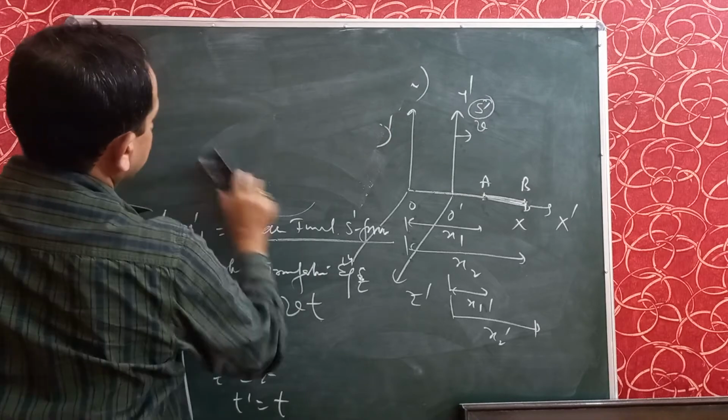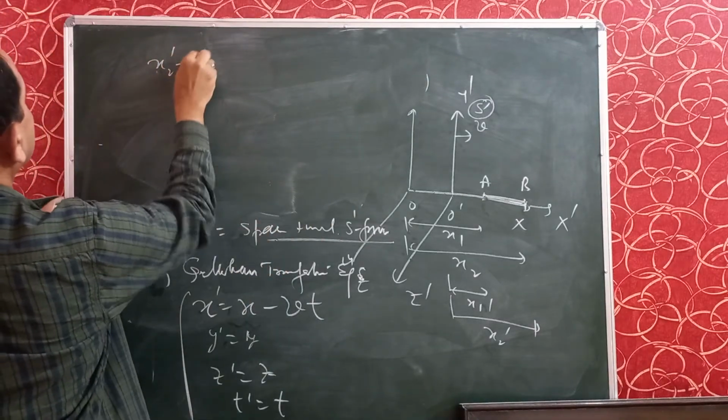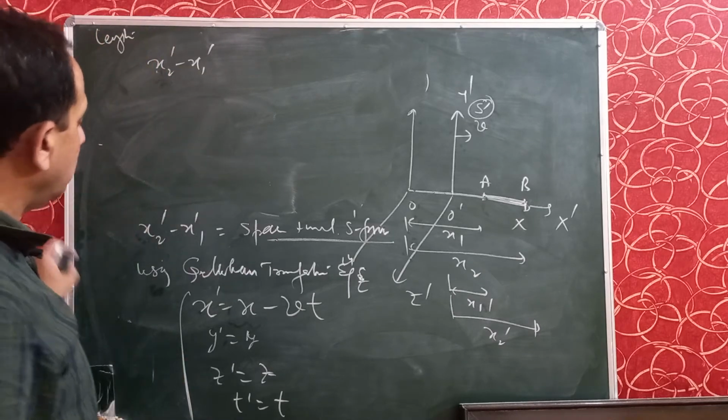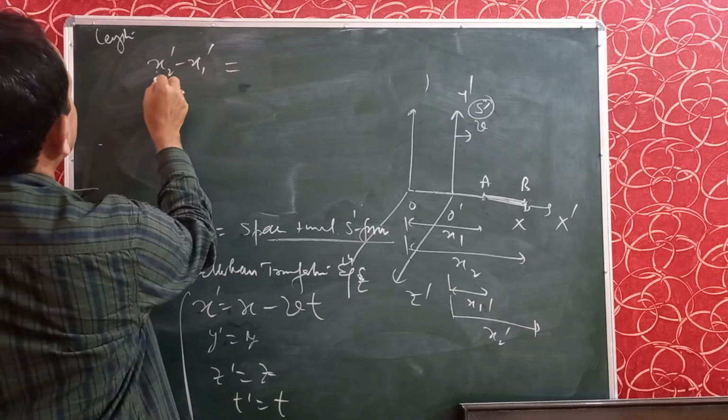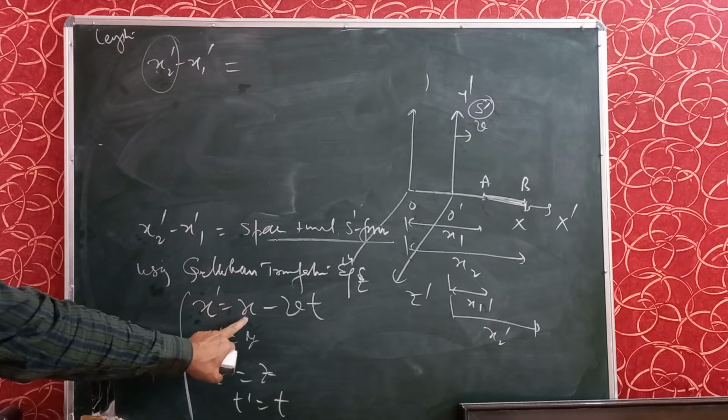Now the length interval x2 dash minus x1 dash, it is the length or space interval. So we may write this x2 dash from this equation, that is x dash is equal to x minus vt.